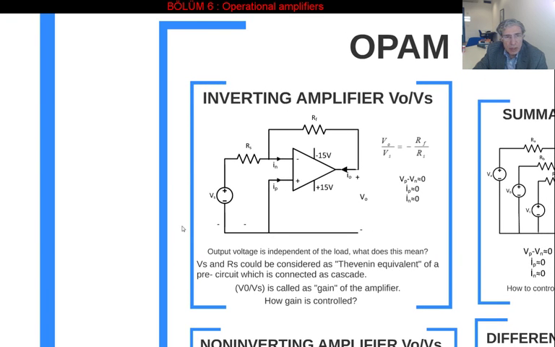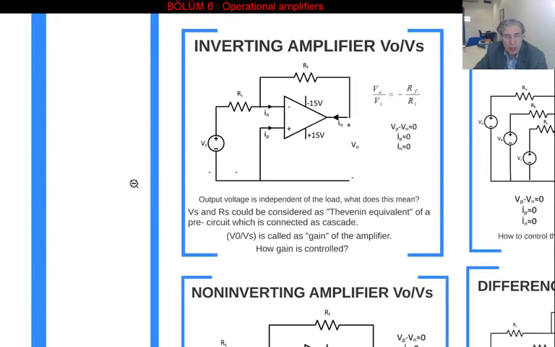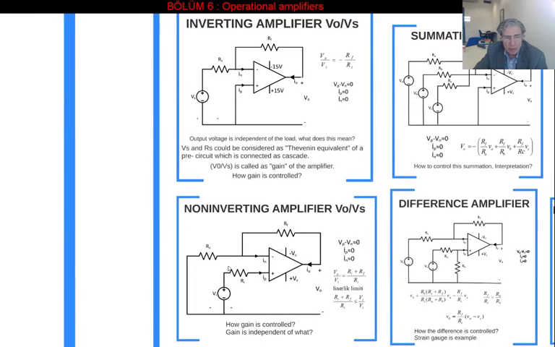So we said here this is an inverting amplifier. There is a non-inverting amplifier here. The difference, as you see here, is that the voltage and the resistor in series are connected to the negative terminal, but in here it is connected to the positive terminal, and there is a resistor in this internal negative terminal here.